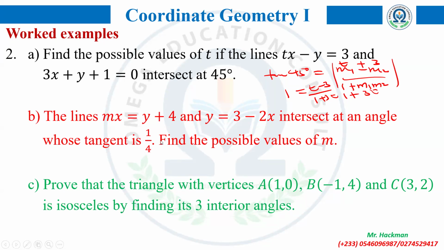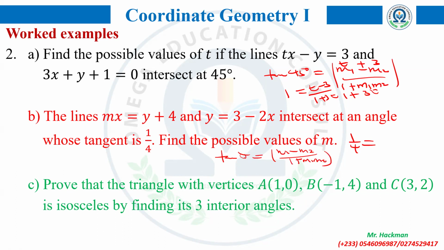So, Mr. Akman, it means here it's going to be 1/4, equal to your M1, which you can get from here, which is M, and your M2, which you can get from here, which is -2. Then you substitute and solve for your M, as simple as that. The formula still says tan theta is equal to M1 minus M2 over 1 plus M1 M2.